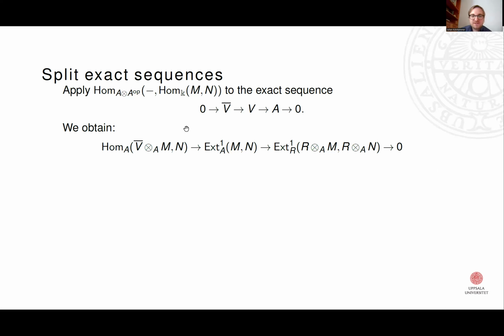If you do this, you start with A-module homomorphisms from M to N, then you get to homomorphisms in the Kleisli category from M to N, and then you get this space Hom, by the tensor-Hom adjunction, from V bar tensor M to N. Then you go with Ext^1 from M to N over A, and then you get Ext^1 between the induced modules. So this is what you get when you apply this, and you use some identifications.